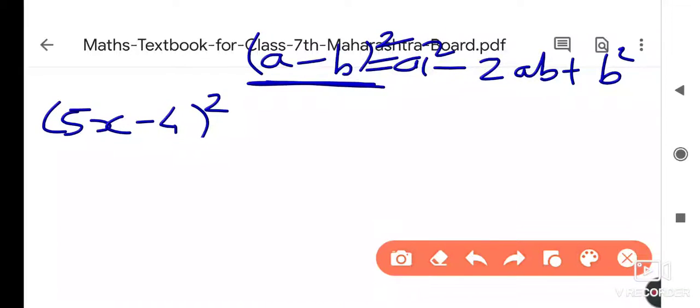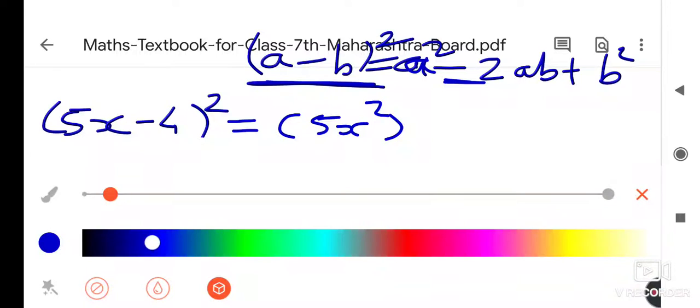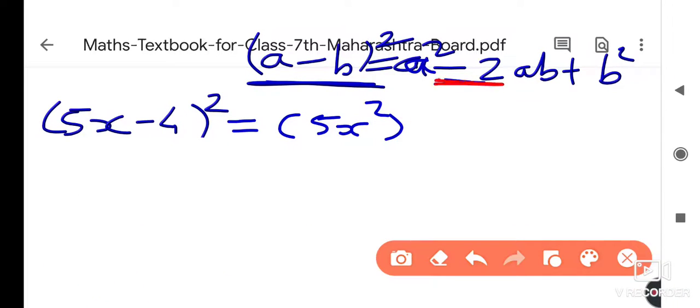So the expansion is a square, means first term square. So write (5x) whole square, bracket complete. Here which sign is there? Negative sign.